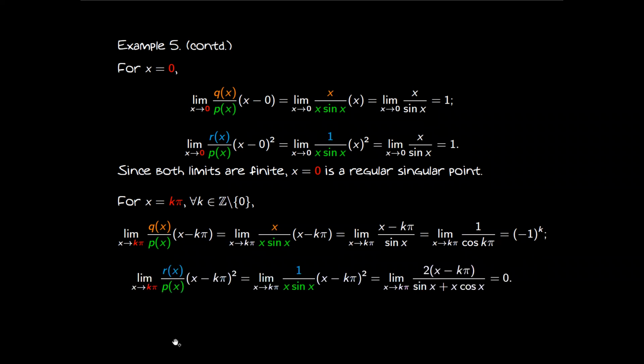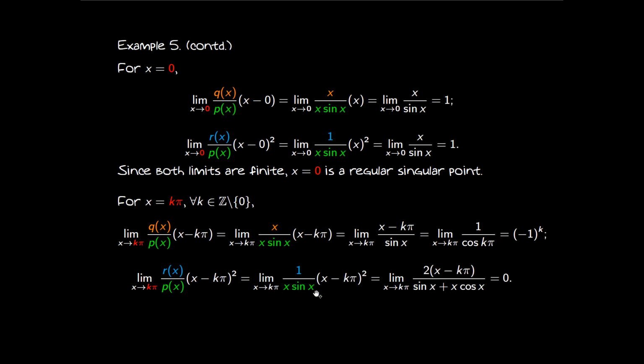Okay, now let's check out the other limit. You will see for the other one, when you put r, p, and x minus k pi squared in, okay? In this case, when x approaches k pi, the numerator goes to 0.